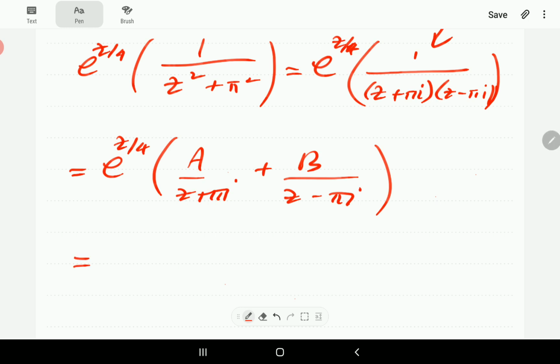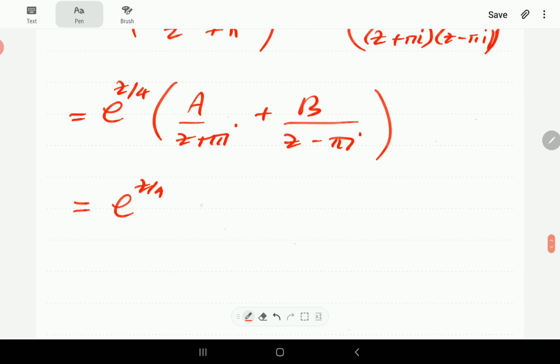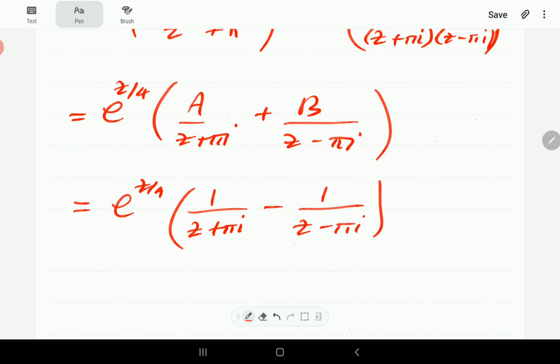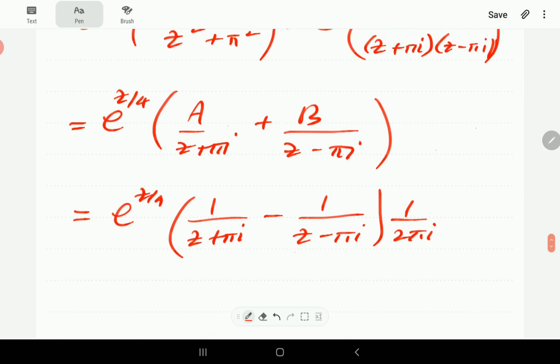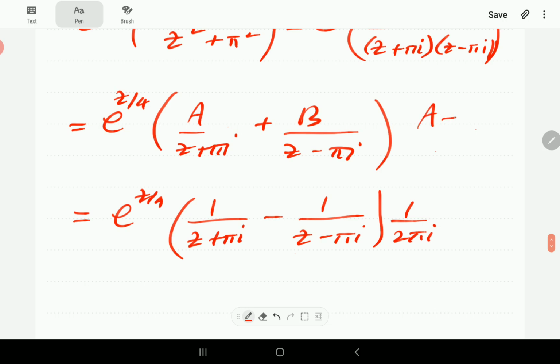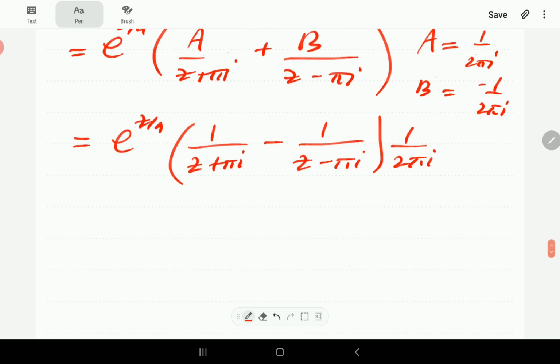We are going to find that this works out if we have 1 here, minus 1 here, and then all this is multiplied by 1 over 2 pi I. So what it means is that a is 1 over 2 pi I, b is negative 1 over 2 pi I. Okay, just make sure you can do that.